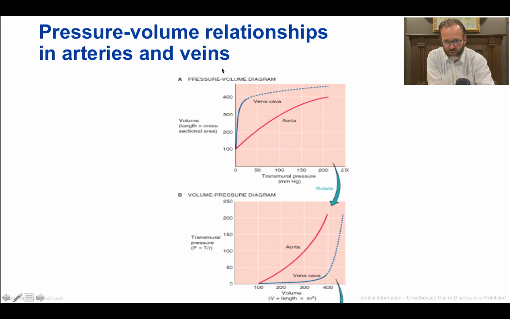So, for example, here, when we're looking at the pressure-volume diagram, and we've got transmural pressure on the x-axis and volume on the y-axis, you can see that at very low transmural pressures, we can have extremely large increases in volume in the veins, which is very important for facilitating the storage of blood within the venous circulation, whereas in the aorta, we get increases in transmural pressure, but we don't have quite as large of an increase in volume at any given transmural pressure. Now, we can, of course, flip this and rotate it so that we've got pressure on the y-axis, volume on the x-axis.